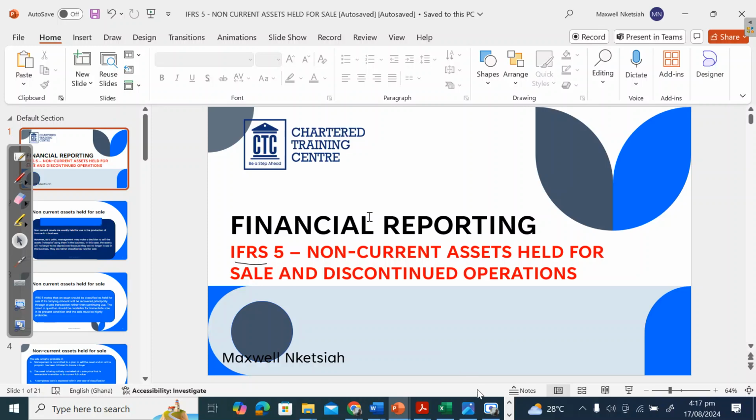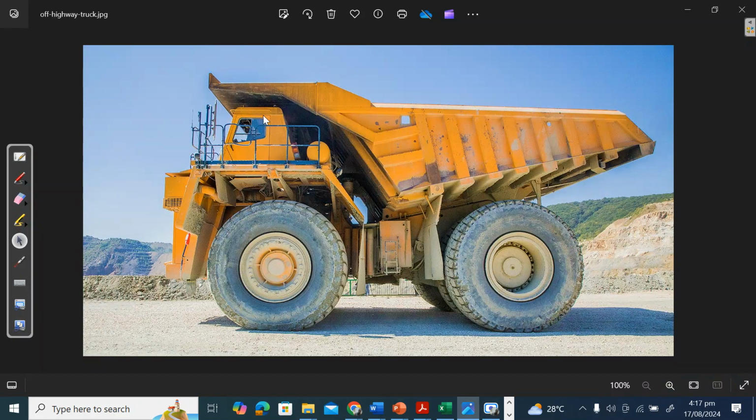So let's say that we have a machine here. We have this heavy duty machine. This is an asset, and we have been using this asset for some time now, but management has taken a decision to sell the asset. Maybe this asset is not performing so well, or they want to sell it to buy a new one.